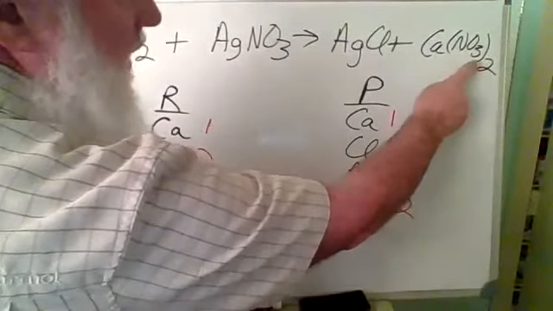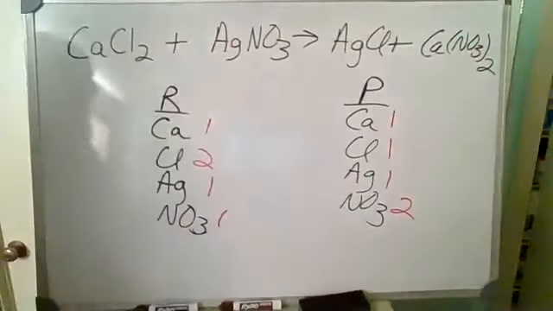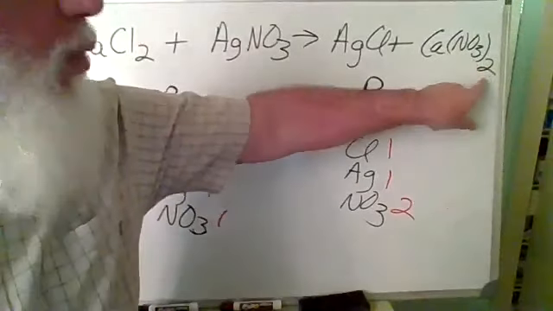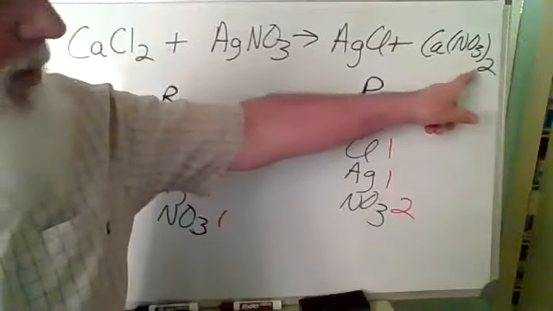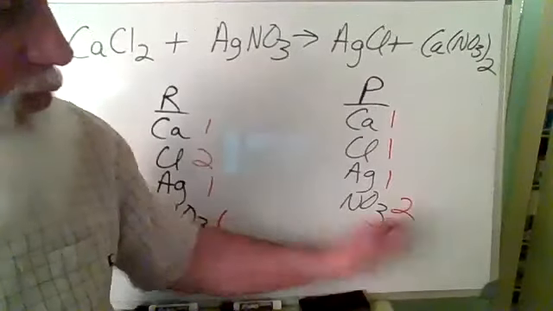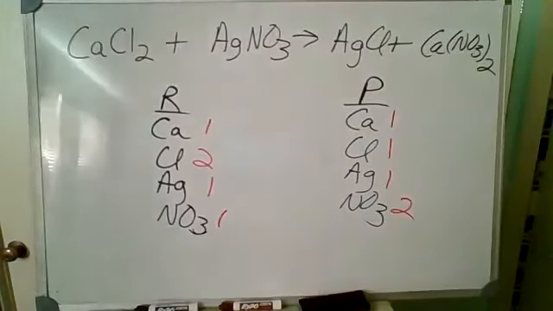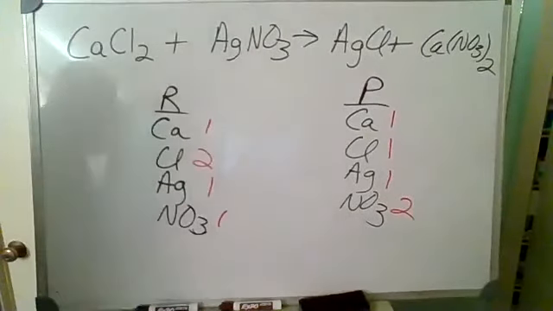So that 2 is going to multiply whatever is inside the parenthesis. What's inside the parenthesis? 1 nitrate anion. So multiplying times 2 is 2 nitrate anions. The nitrates are not balanced and the chlorines are not balanced.